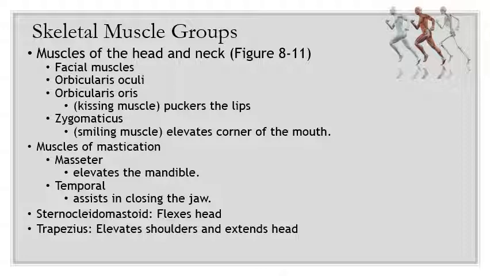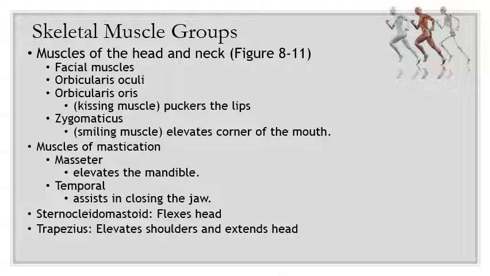And we'll also talk about muscles for mastication. Well, mastication is what you do to your food when you chew it. So whenever we talk about mastication, we're talking about the chewing, the mechanical breakdown of food within the mouth.